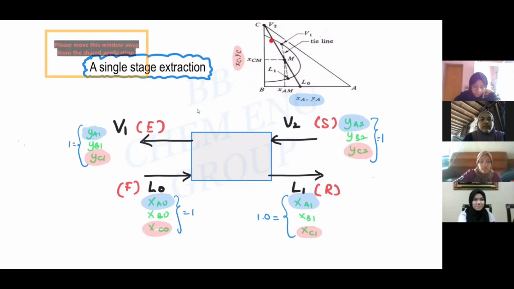So you have to label the stream coordinates, and then label the mixture coordinates. Next is to label the areas that you have. The area inside or under the curve is called the two-phase area, and outside is single phase.